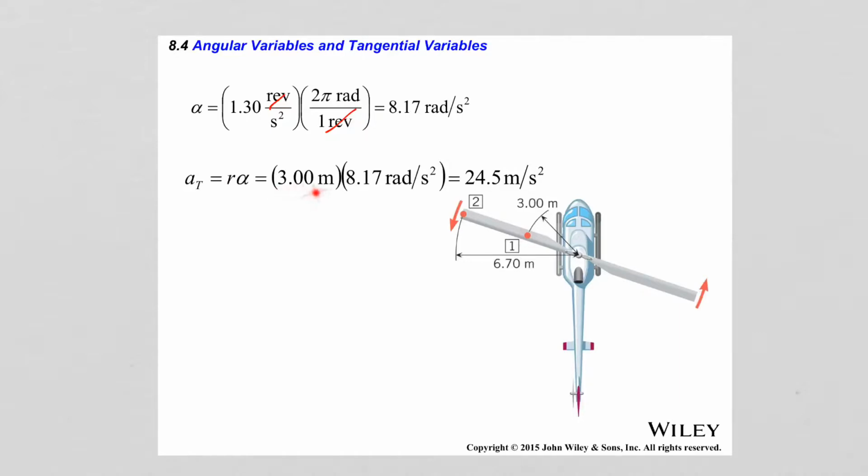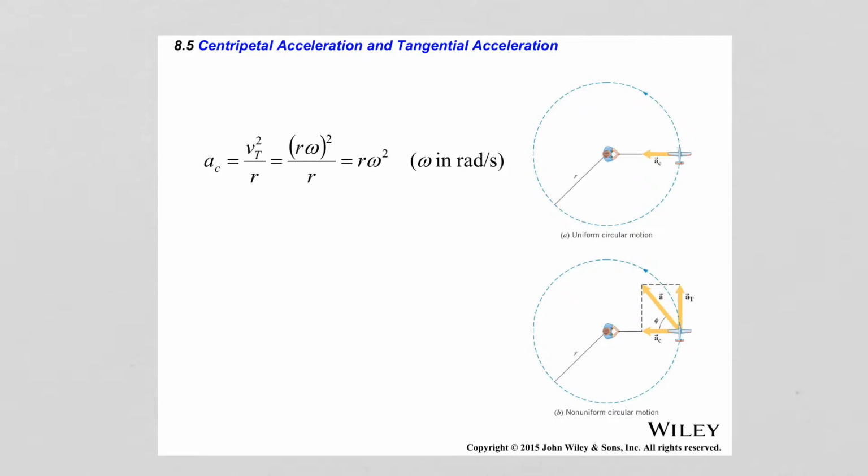So that is 3 meters times 8.17 radians per second squared, and that gives us 24.5 meters per second squared. Now let's talk about the centripetal acceleration. So we know that for an object that undergoes circular motion like this, there has to be a centripetal acceleration directed towards the center of this circular trajectory.